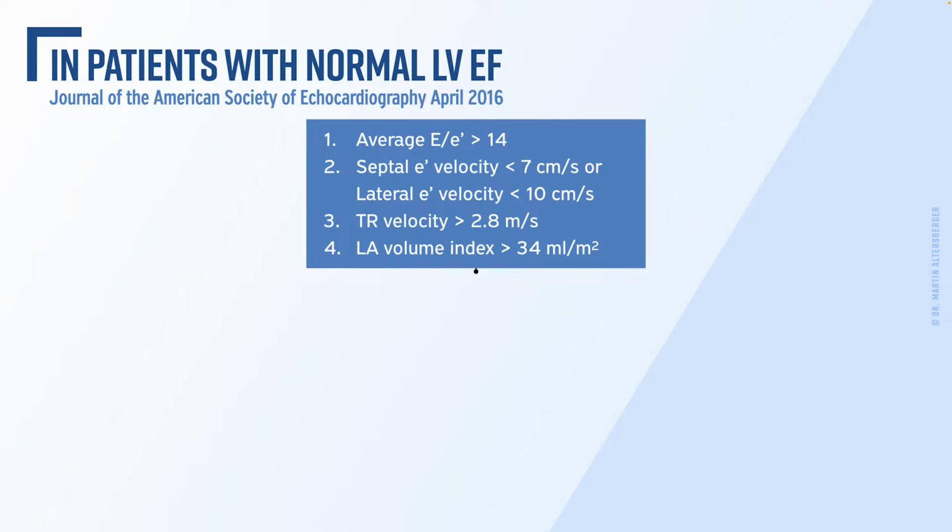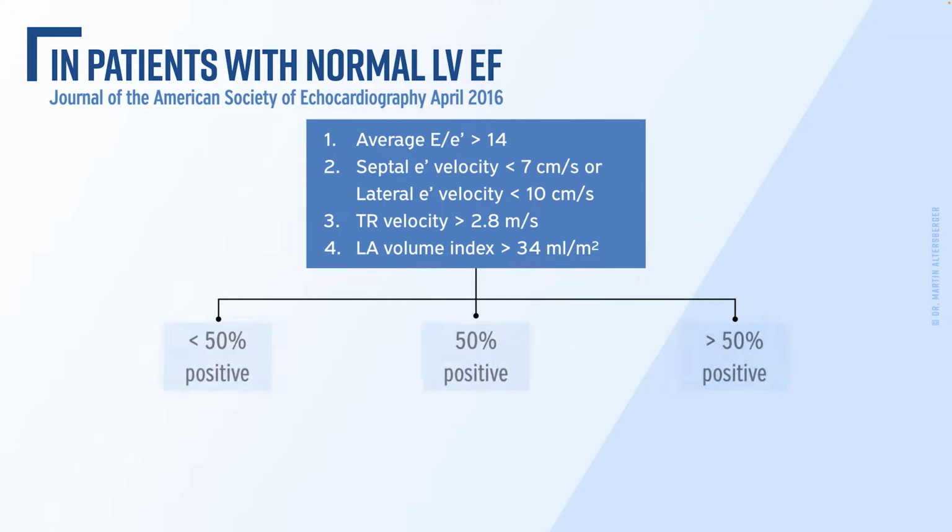For me, very often this will show normal filling pressure. So here you rarely, in my point of view, have 50% positive, so that you define diastolic dysfunction. When less than 50% are positive, filling pressures are normal. When on the right side more than 50% are positive, then you have an elevation in filling pressures.